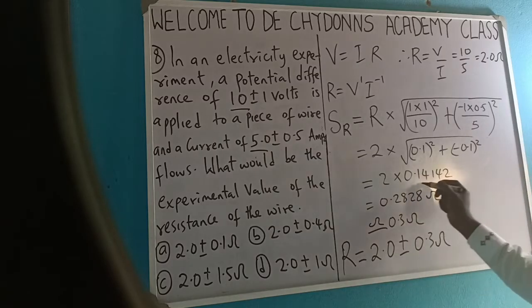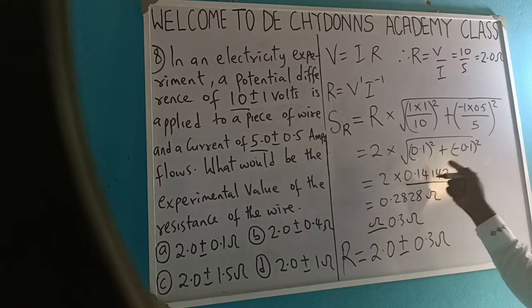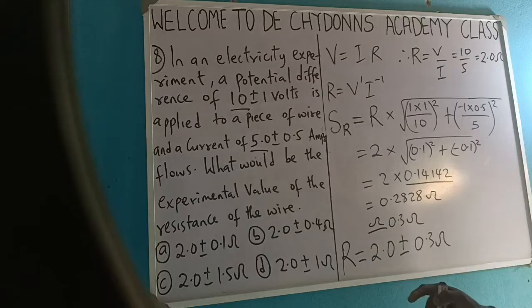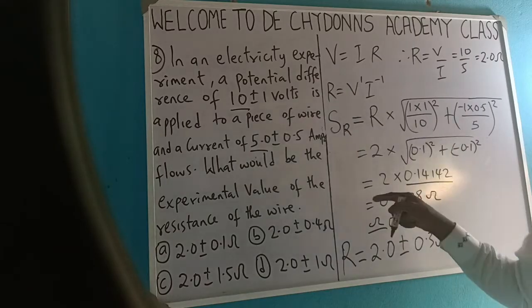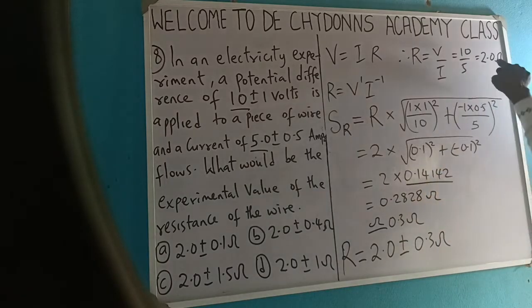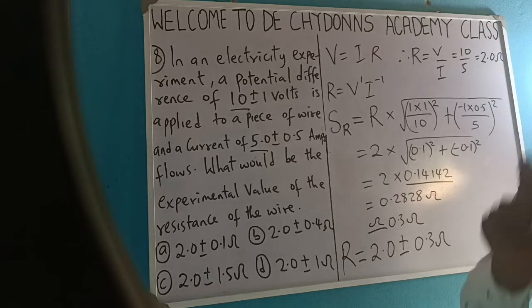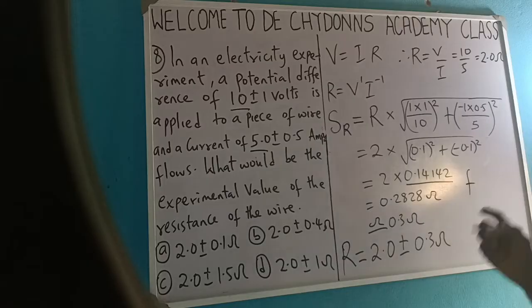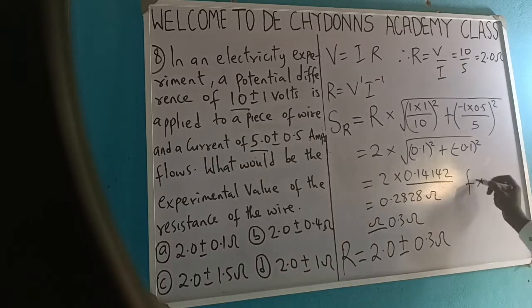Please don't just get this and say 0.1 is the answer in 1 decimal place. No, you must multiply it by the effective resistance itself. You must multiply it by the effective resistance we got. Remember, in the first videos we discussed on focal length, we said focal length times what we got to get the error in focal length.